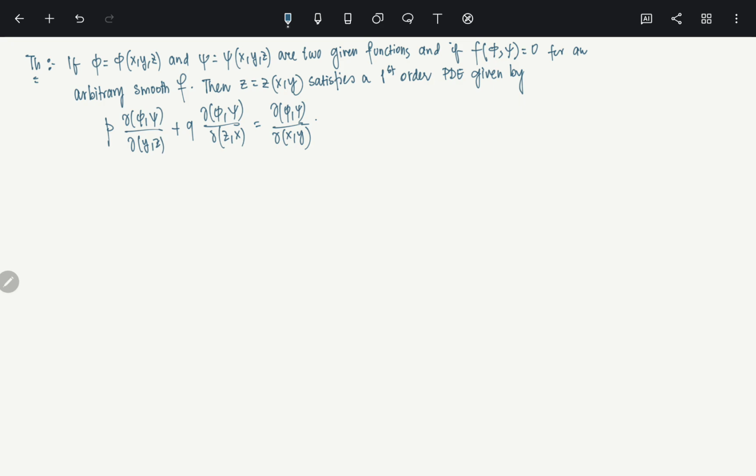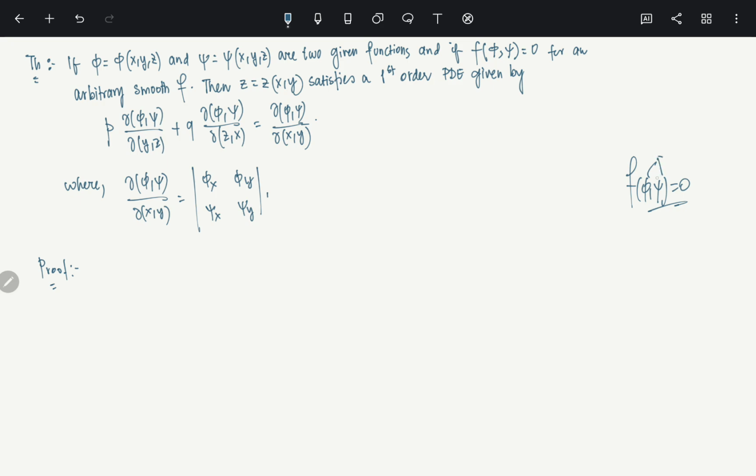This is the notation: del of phi, psi by del of x and y means the determinant with phi x, phi y, and then psi x, psi y. Let me just quickly give you the proof of this thing. The proof is very easy. Basically, you are given a relation f of phi and psi equals 0, where phi and psi are two functions of x, y and z.